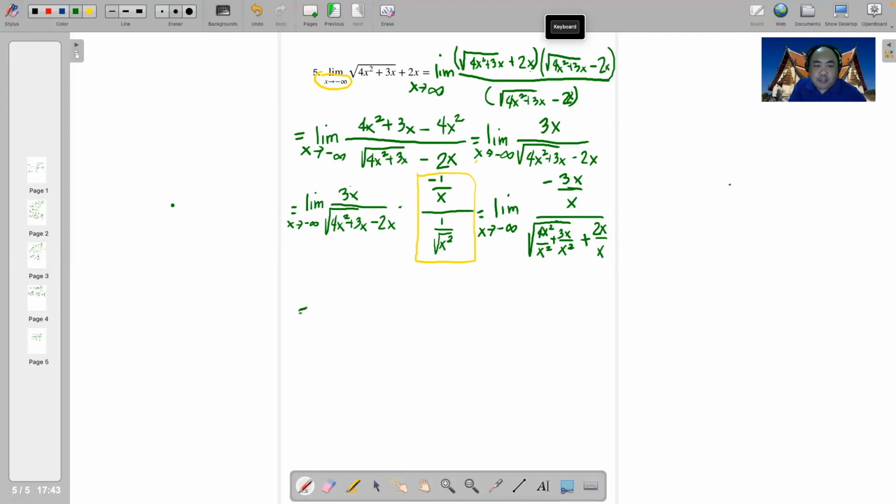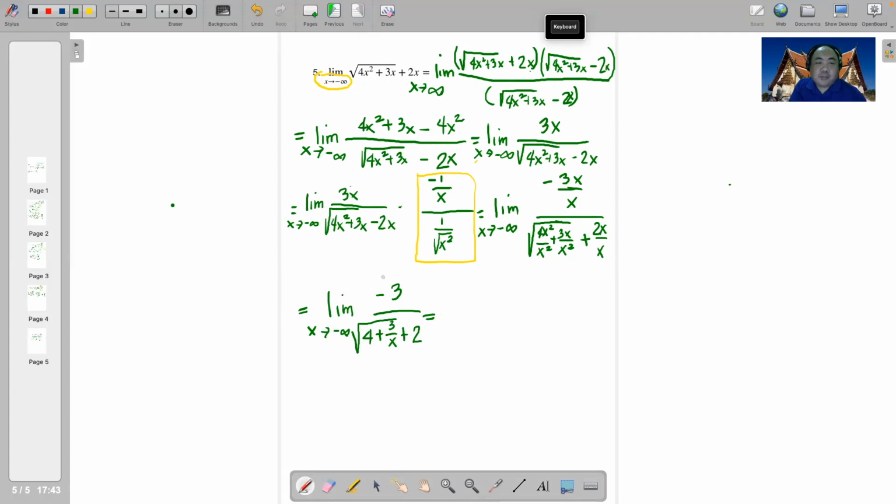So this will give me the limit of negative 3 divided by the square root of 4 plus 3 over x, plus 2, as x approaches negative infinity.